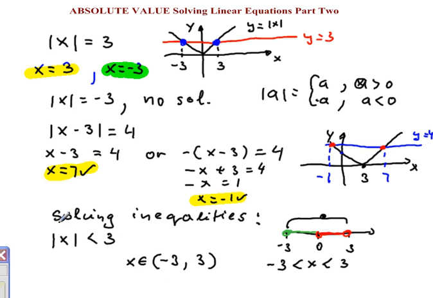So when solving inequalities involving absolute values, when the absolute value is less than a number, you can generalize that statement and say that when absolute value of x is less than a, this is equivalent to the statement that x is contained between negative a and positive a. So this is worth remembering.